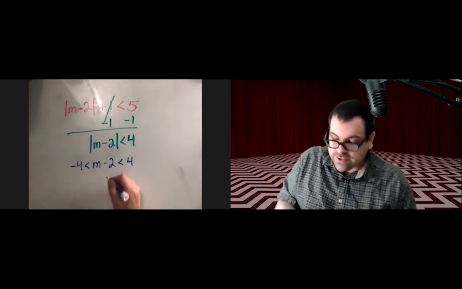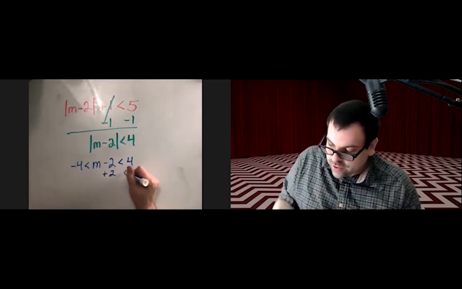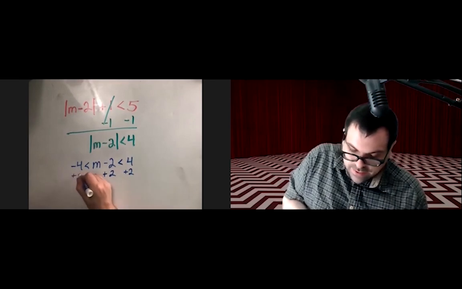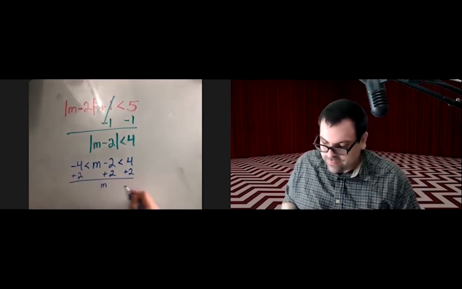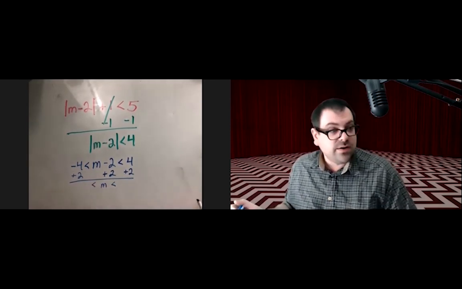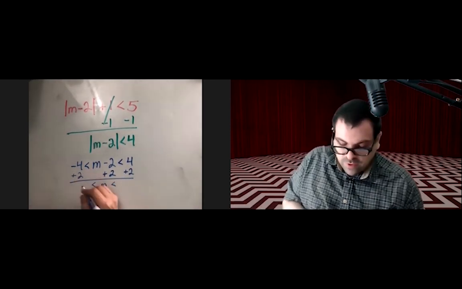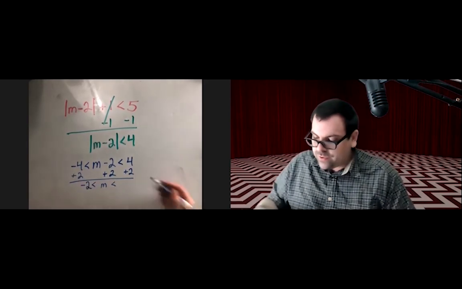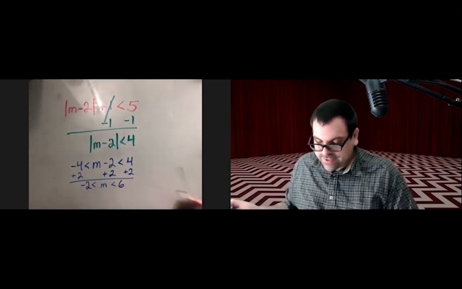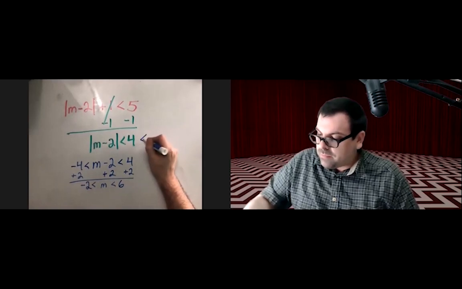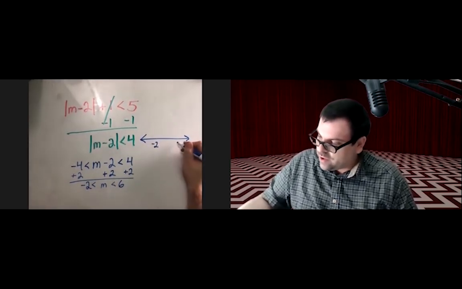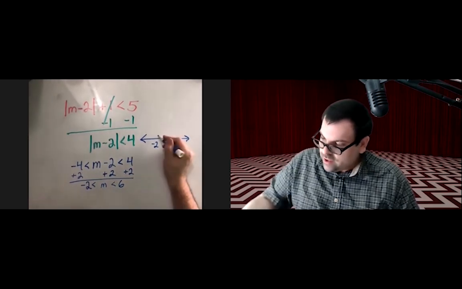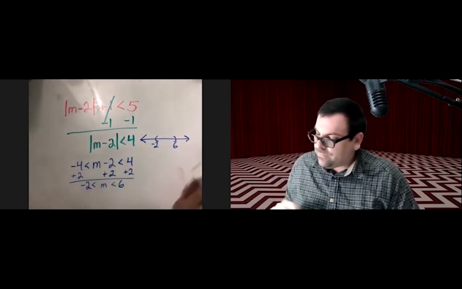And if we solve this, add 2 to all sides, we're left with m by itself in the center. Negative 4 plus 2 is negative 2. 4 plus 2 is 6. On a number line, we would have a negative 2, a 6, no or equal to.